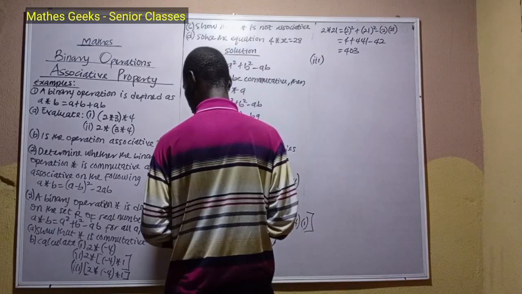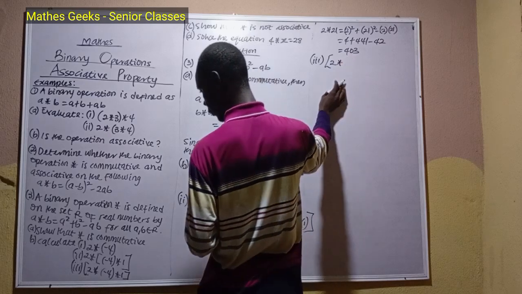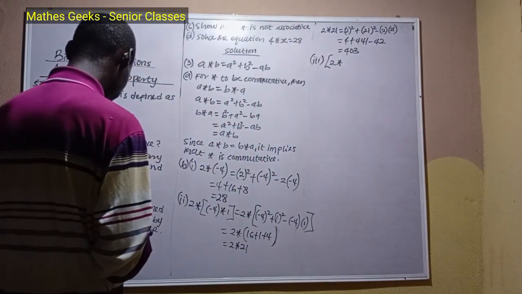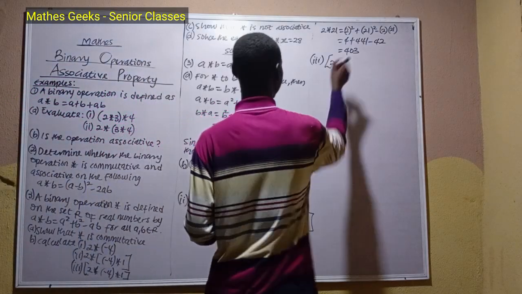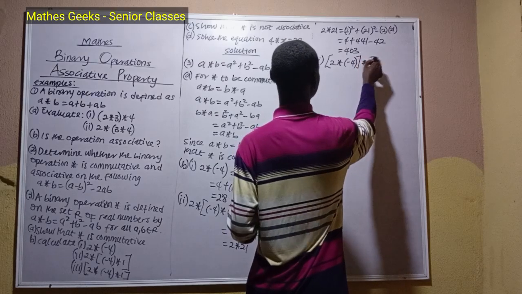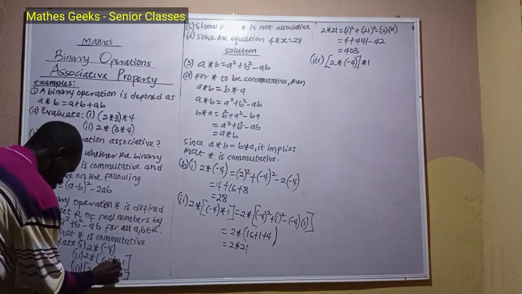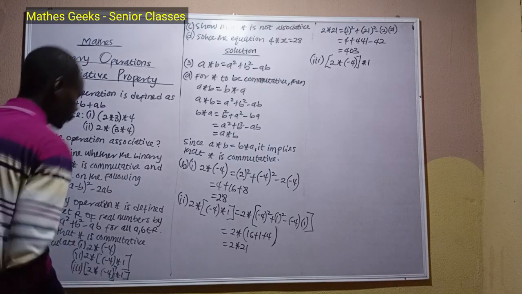The next one is (2 star minus 4) star 1. We do these two first.